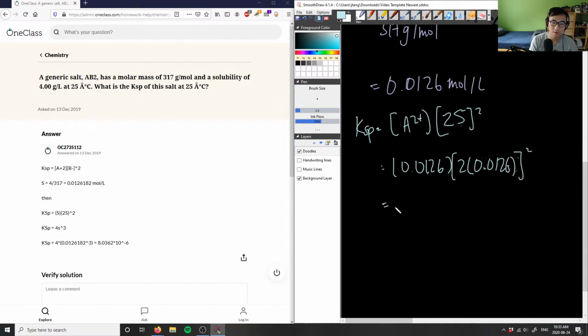So we can plug this all into our calculator. Let's see, I'm going to do 2 times 0.0126. I'm going to square that, and then we'll multiply again by 0.0126, and that gives us a value of 8.00 times 10 to the negative 6.